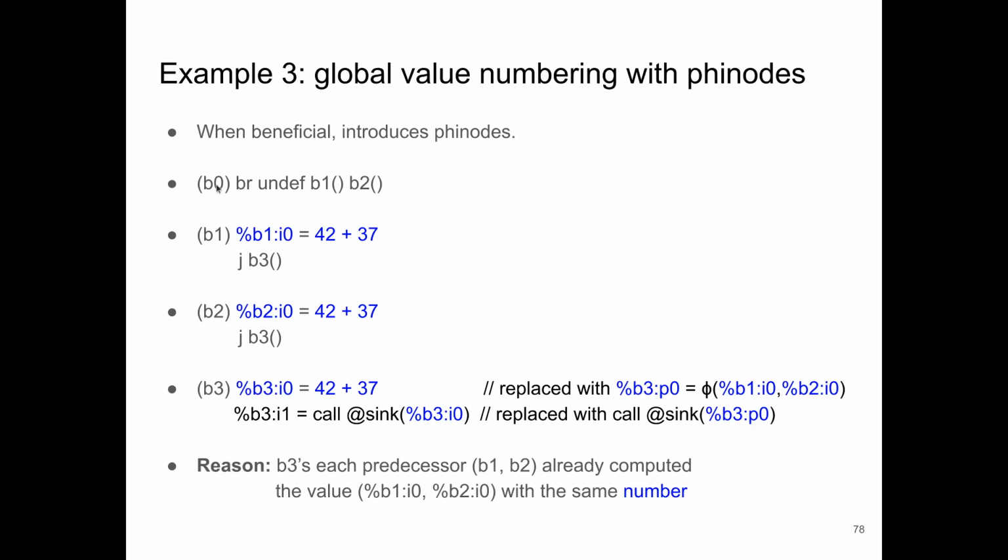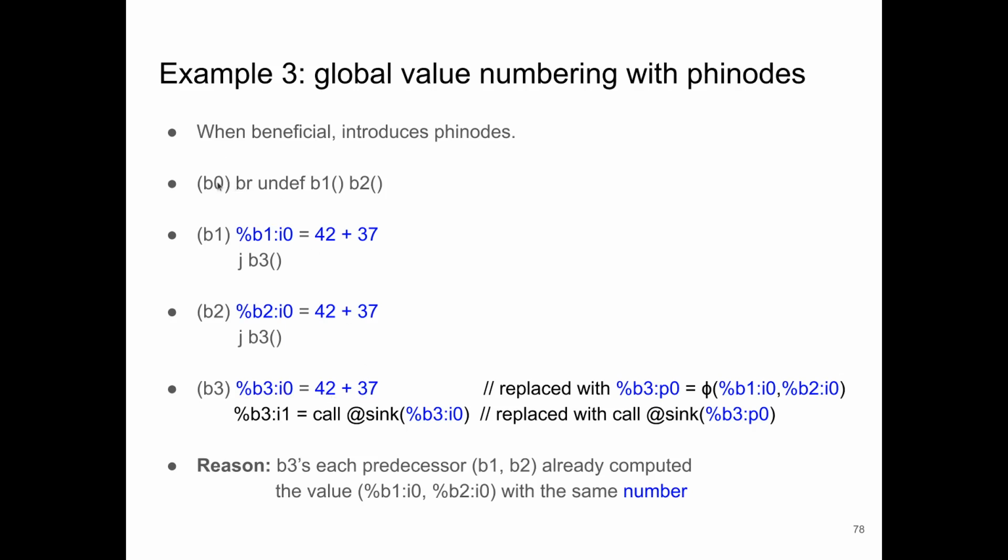Again, we non-deterministically jump to B1 and B2 from the initial block B0, and in B1 we calculate 42 plus 37. In B2, we compute the same thing, 42 plus 37. And in B3, again, we compute the same thing, 42 plus 37.